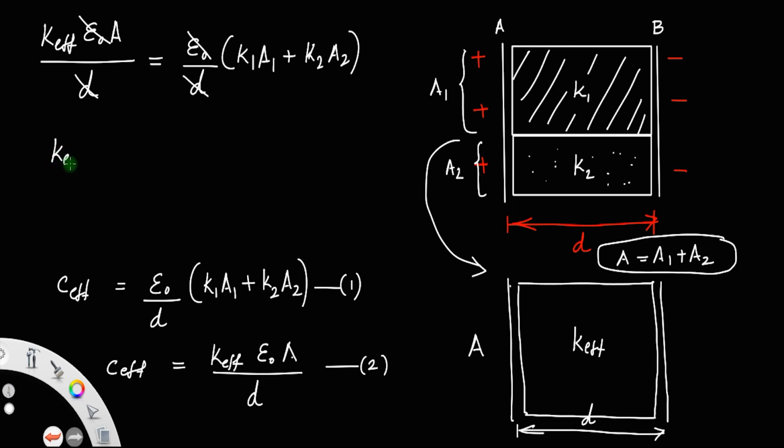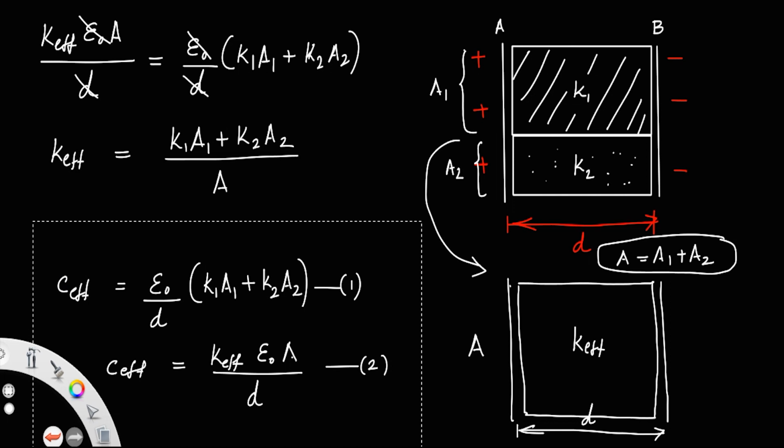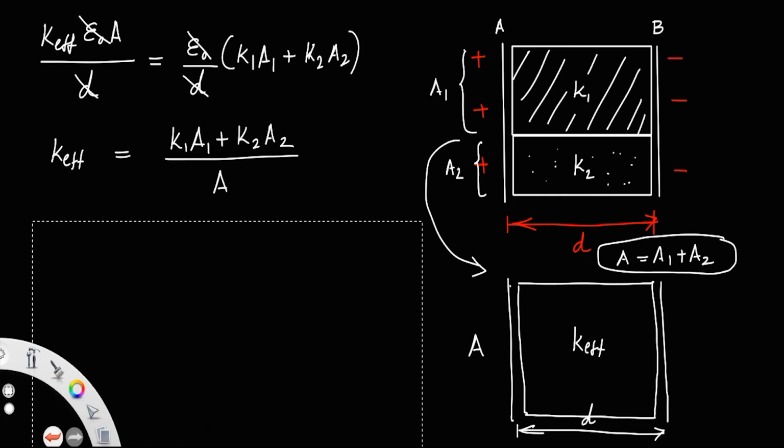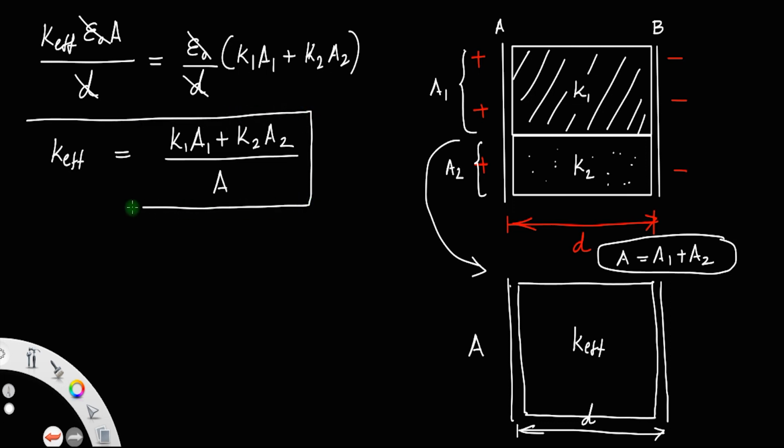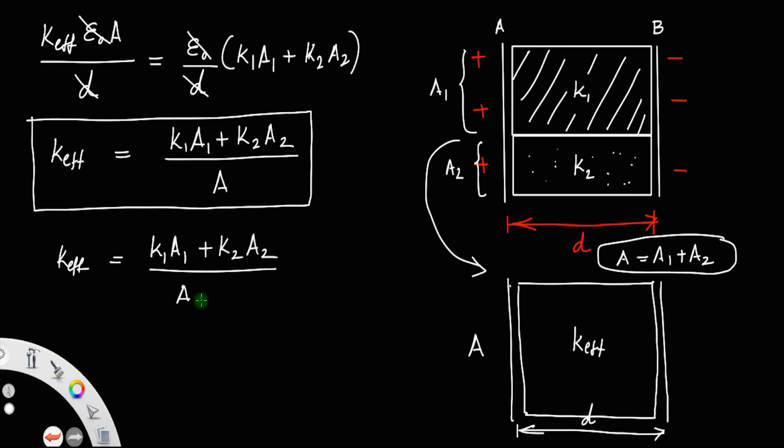So K effective is equal to K1 A1 plus K2 A2 divided by A, taking this A to the right. But A is equal to A1 plus A2. So K effective is K1 A1 plus K2 A2 divided by A1 plus A2.